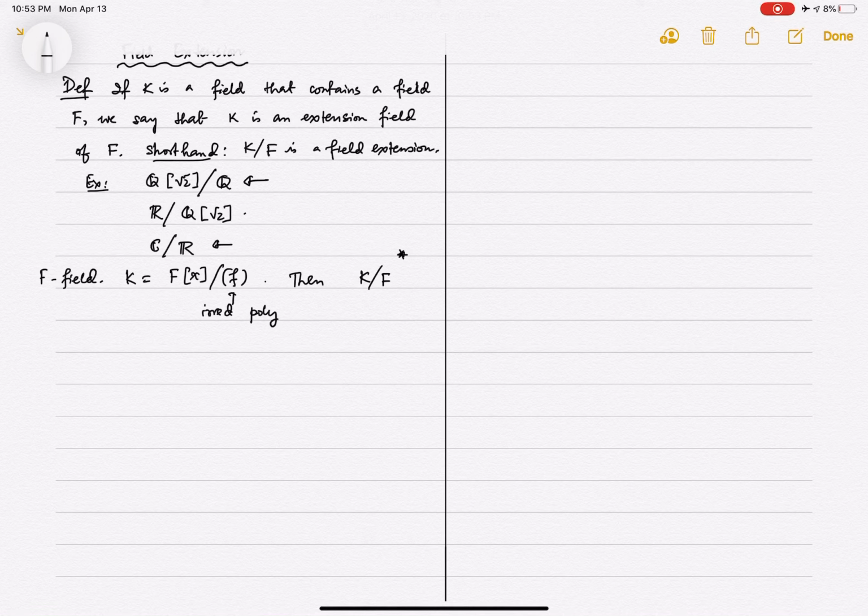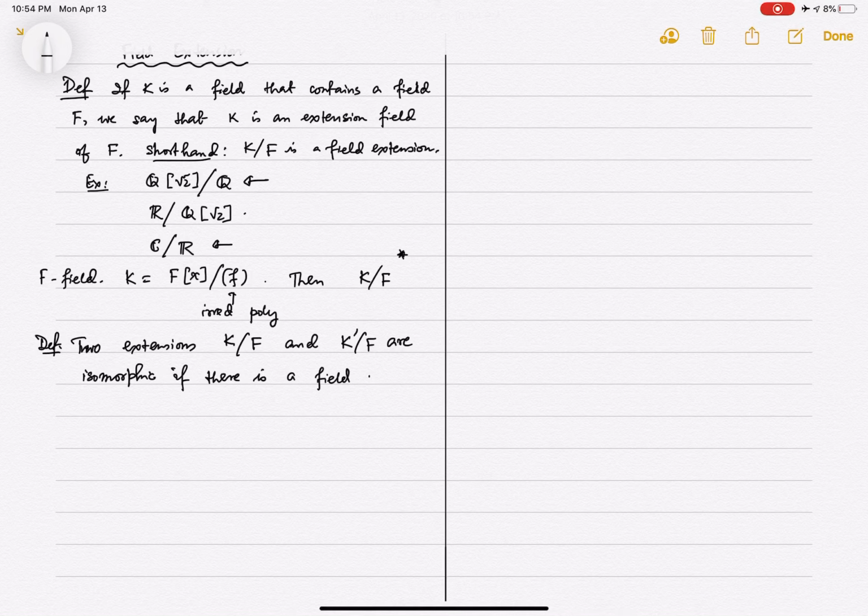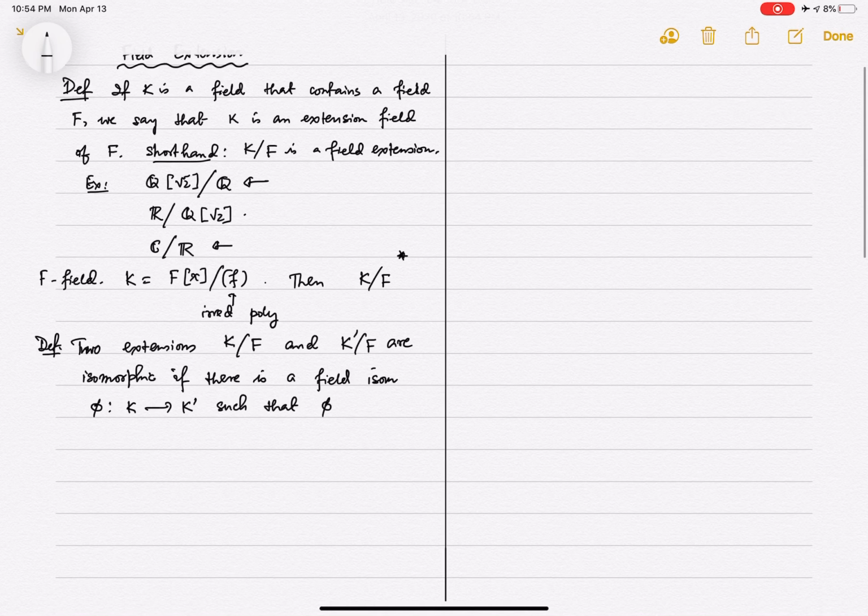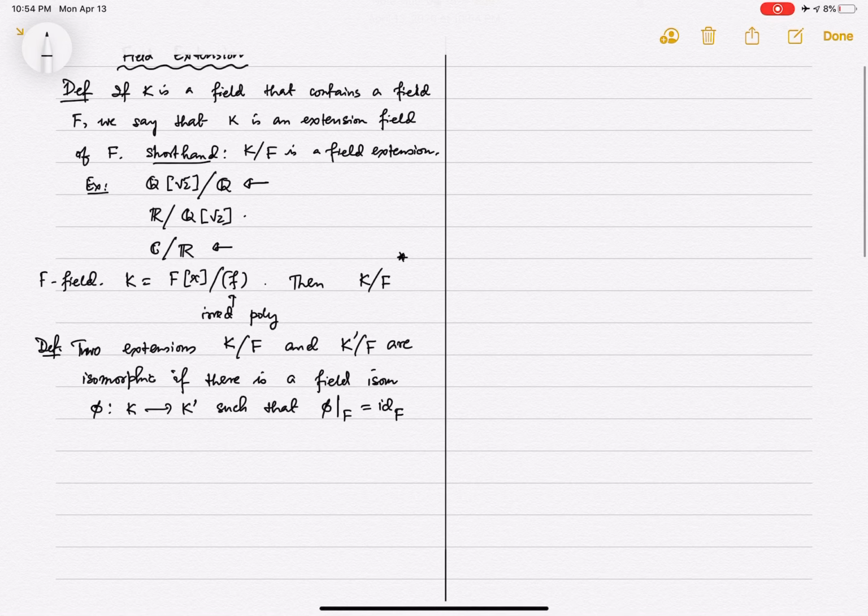So we say, I have a notion of isomorphism of field extensions. We say two extensions, continuing with the definition, are isomorphic if there is a field isomorphism phi from K to K prime whose restriction to F, you see F sits in both K and K prime, is just the identity of F. So you have K and K prime both containing F. Phi is an isomorphism.